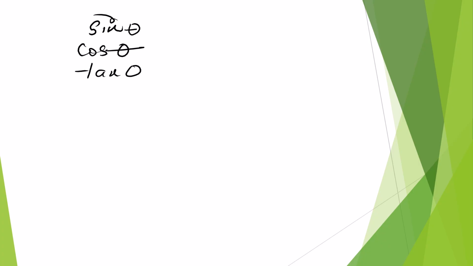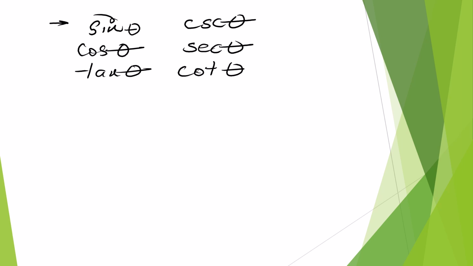And there are three more which are the reciprocals: cosec theta, sec theta, and cot theta. We already have studied these 6 trigonometric ratios previously, but right now I want you to understand the most basic trigonometric ratio, that is sine theta.